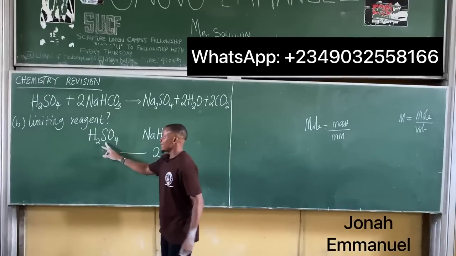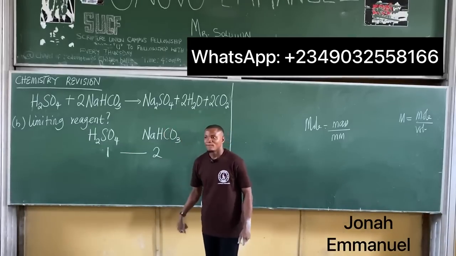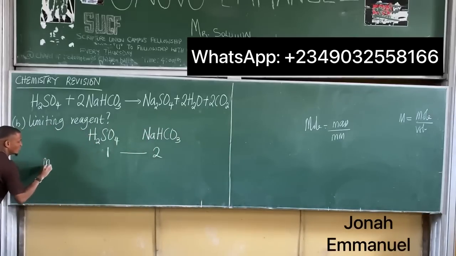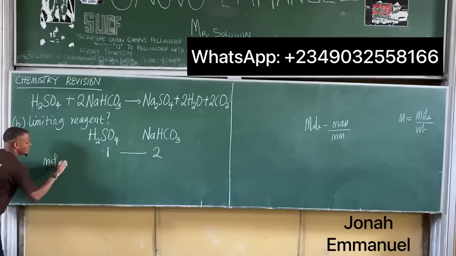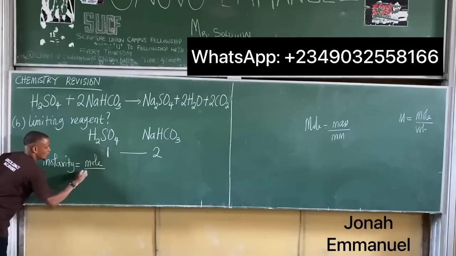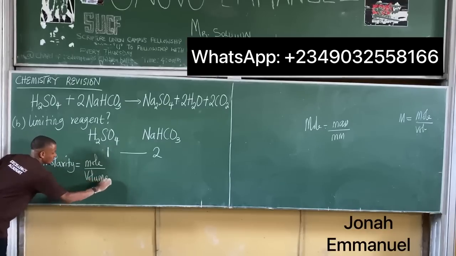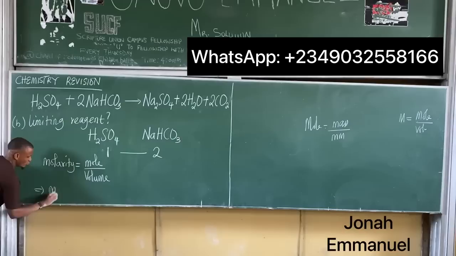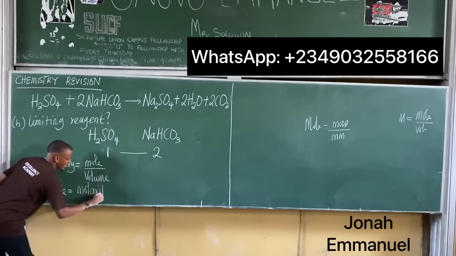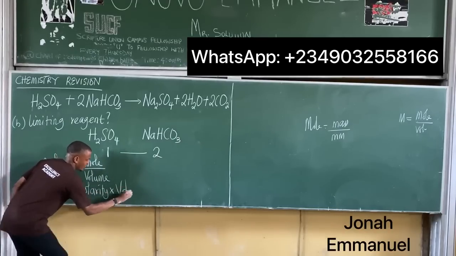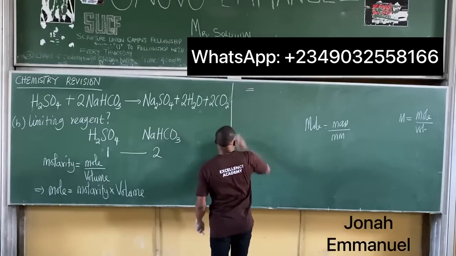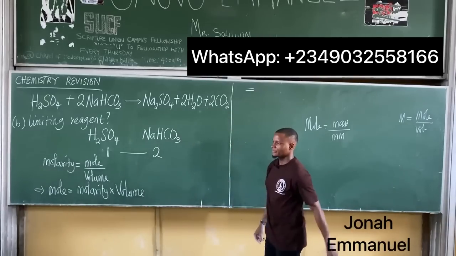To get the mole of the acid, take down. To get the mole of the acid, recall that molarity is equal to mole over volume. So you have that mole is equal to molarity times volume. Please give me that molarity again.